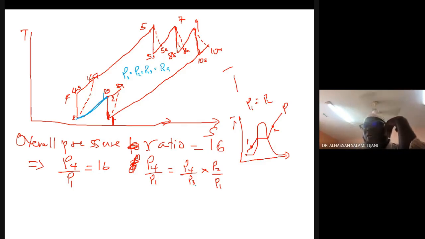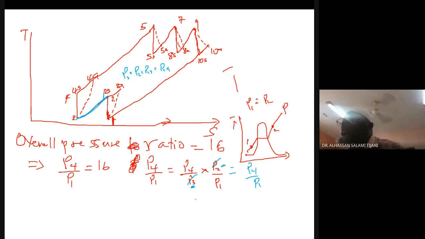Okay, so if P2 and P3 are the same, it means I can cancel this, and then I'll go back to P4 over P1 like this. Okay, so I don't want to do the cancellation. So I'll write P4 divided by P3 times P2 divided by P1. This is very important for you to take note.